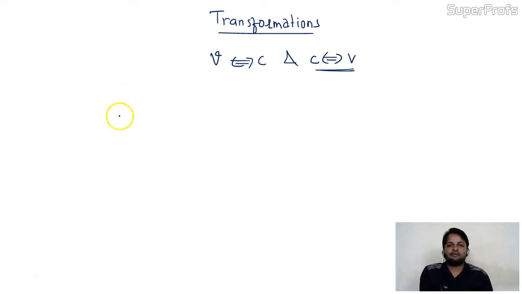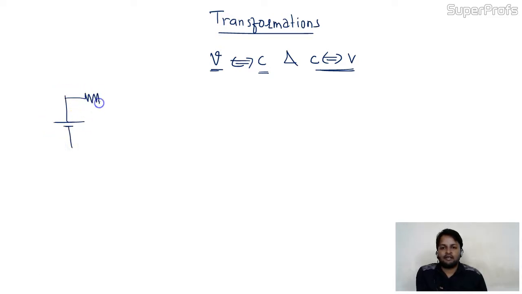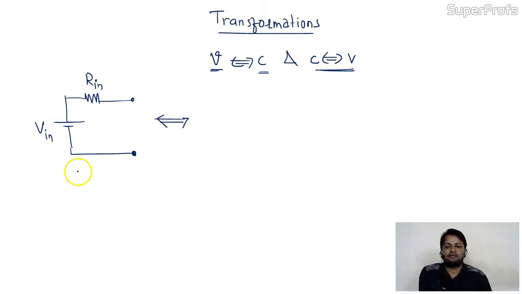When can we transform the voltage source into a current source? There is a specific condition. What is the practical voltage source circuit? The value of the battery is connected in series with the input resistance of the source. This is the voltage source given here. I am taking Rin and Vin. Now I am doing the source transformation, voltage into current.